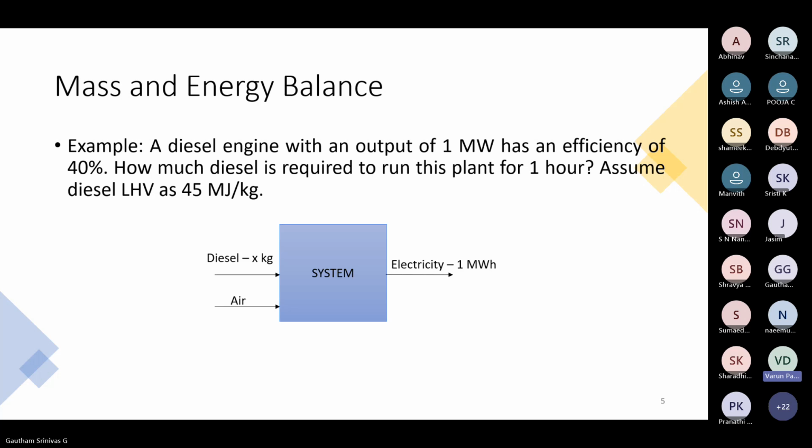Based on the amount of diesel given, it will produce electricity with an efficiency of 40%. That is correct. What does this engine do? What does it convert? It's a device that converts heat energy to electrical energy. That's it, right?